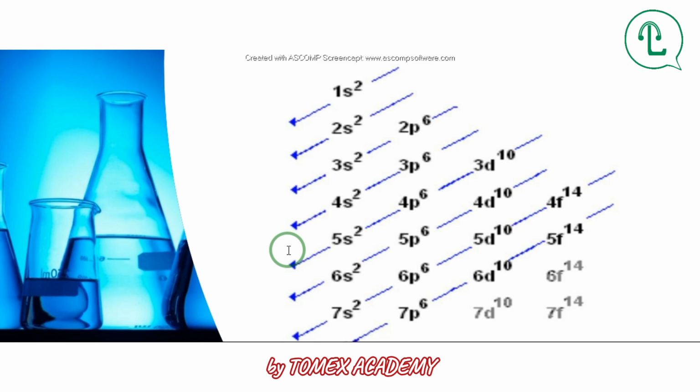So this is the order. This energy level will be filled first before going to this one. This can take a maximum of 2 electrons. This also can take a maximum of 2 electrons. And this can take a maximum of 6 electrons. So this is the order.